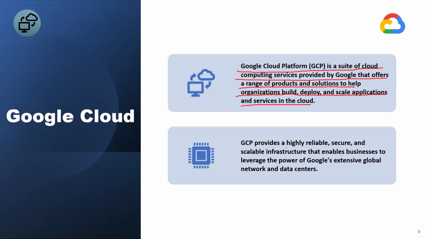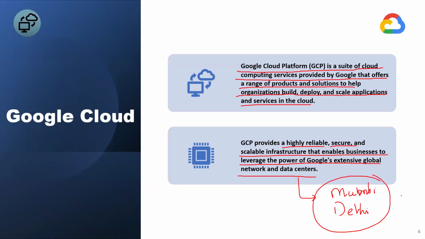And these services are a highly reliable, secure, and scalable infrastructure that enables businesses to leverage the power of Google's extensive global infrastructure as well as data centers. Even in India, we have two data centers available, in Mumbai and Delhi. In India, the Google Cloud Platform has two data centers, in the Mumbai region as well as the Delhi region.